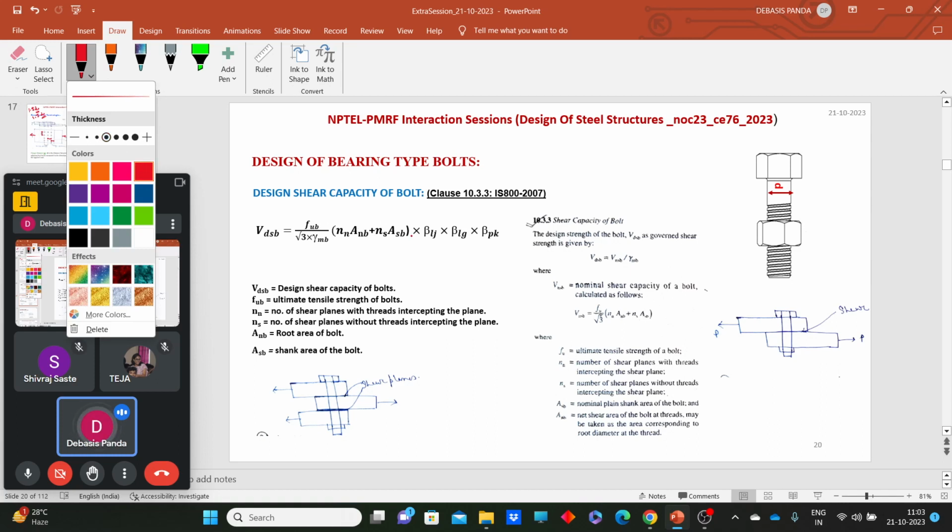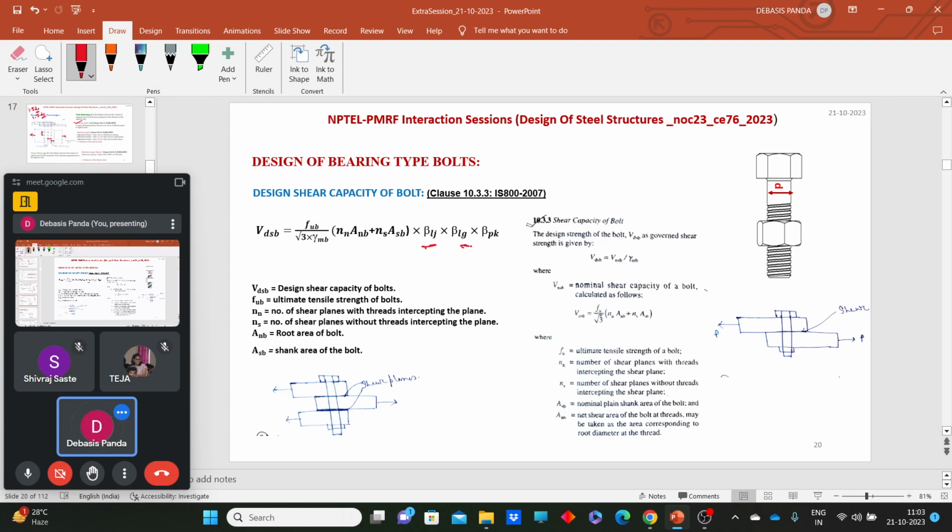These correction factors are introduced to reduce the shear capacity of the bolts, if such conditions come for that particular connection.